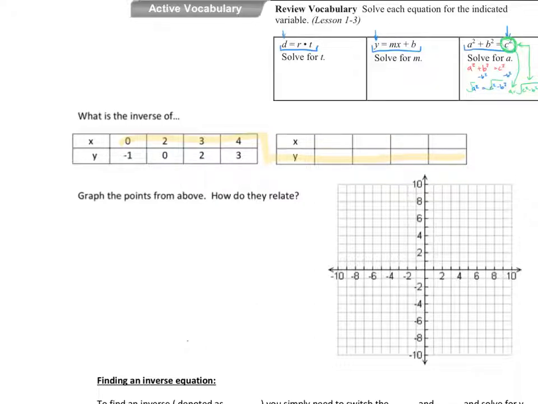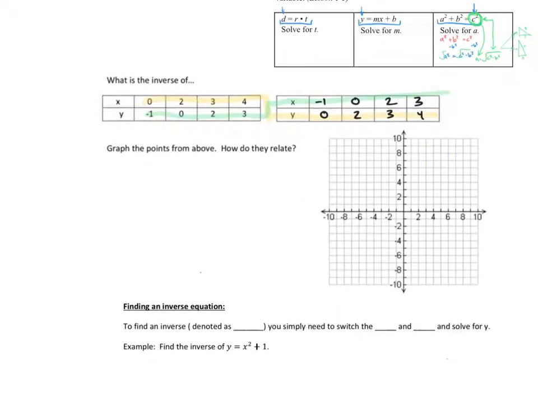I'm going to write out my x coordinates, down here are the y coordinates, and your y coordinates become your x coordinates. That's how you find the inverse from a table. You take the y and x coordinates and you switch them.